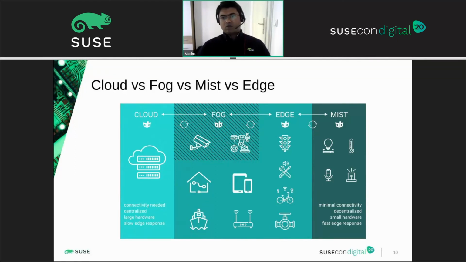There are different definitions of these technologies in different forums, but one particular explanation was quite impressive to me. It said the cloud and mist are basically the two ends of the continuum, and in between these two, you have the edge and fog computing concepts.